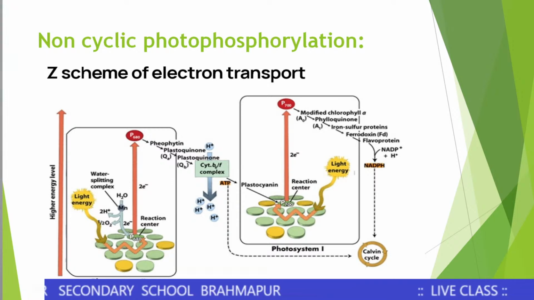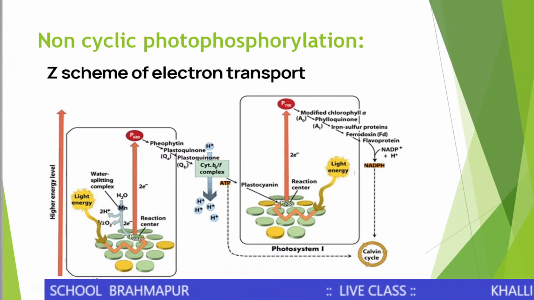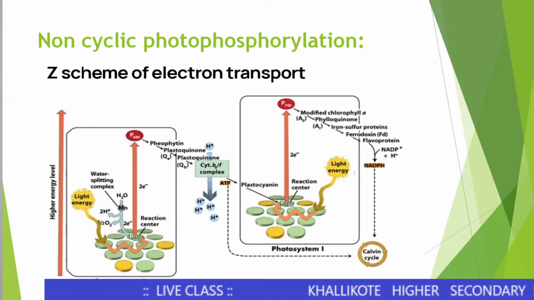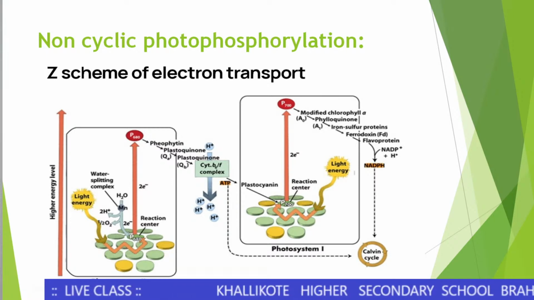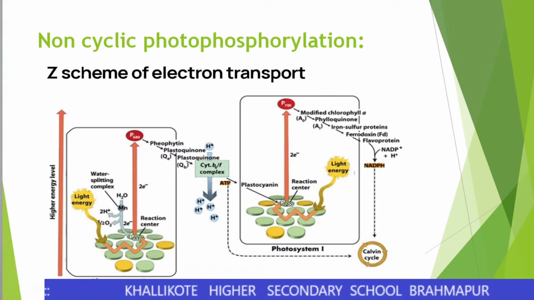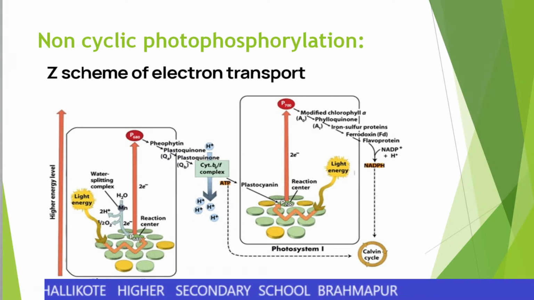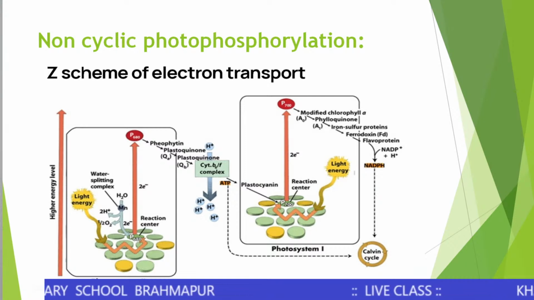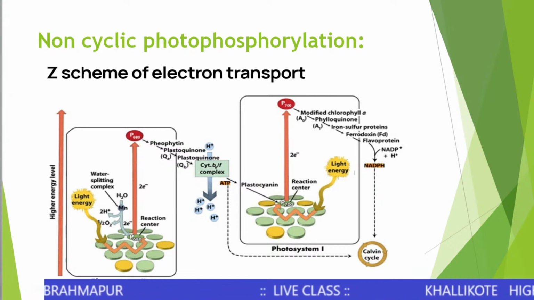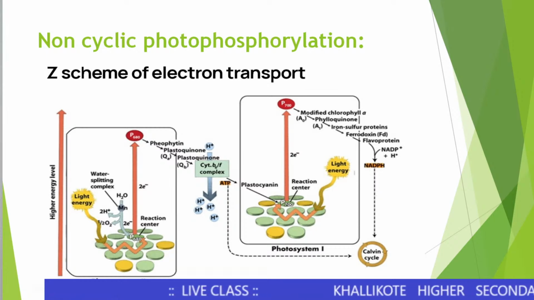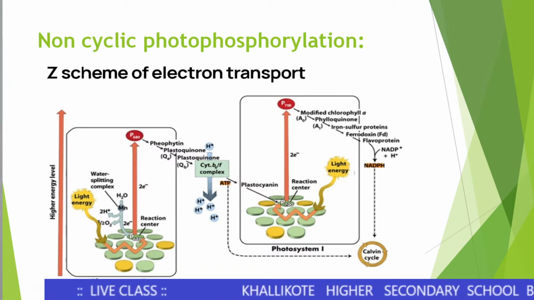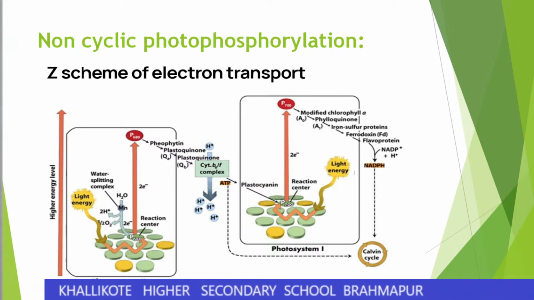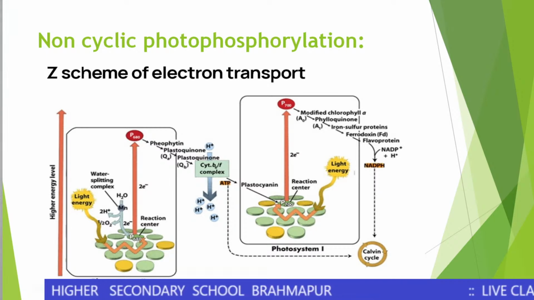The first compound that accepts the electron is pheophytin, a compound similar to chlorophyll without magnesium. Then the pheophytin molecule loses the electron. The electron is flowing downhill, and the next acceptor is plastoquinone. Plastoquinone takes up the electron and is converted to reduced plastoquinone, and from plastoquinone the electron moves to the cytochrome B and cytochrome F complex.